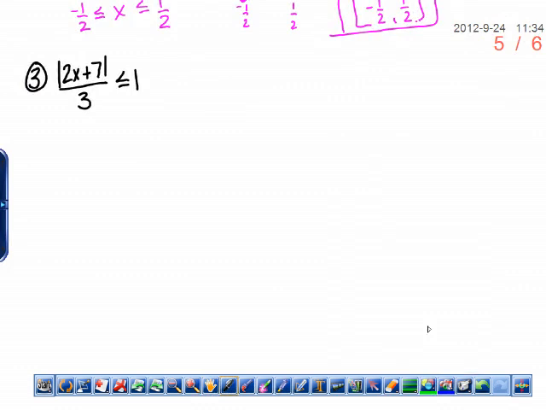Tell me what you would like to do first on number 3. Okay, now my absolute value is isolated, so where do I go from here? Think though. Do we always have to write this?